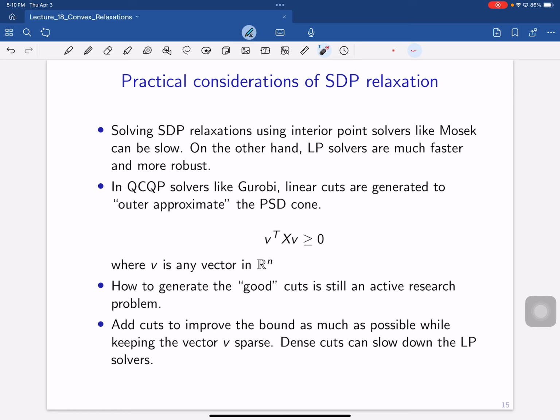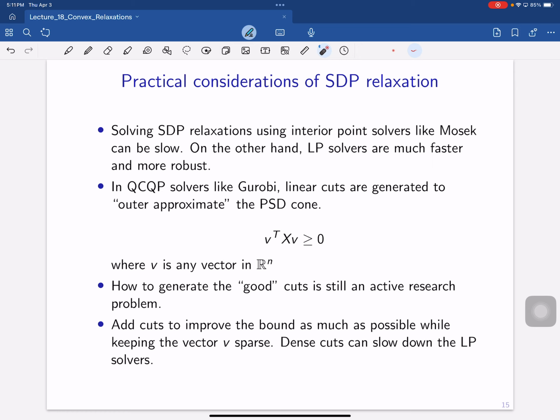Now, typically, the heuristic is to make the bound improve, but you also want to keep this vector v sparse, because if the vector v is very dense, you will end up adding a linear constraint that has a lot of non-zeros. Remember when you take matrix inverse in solving linear programs, you want to leverage the sparsity of the matrix.